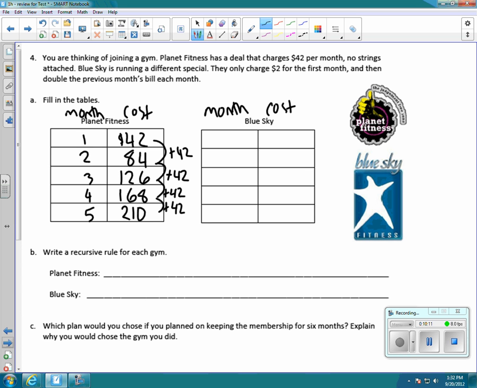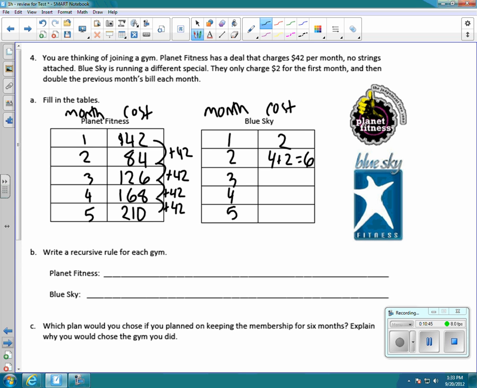Whereas in the Blue Sky, 1, 2, 3, 4, 5, the first month is only $2, but for the second month we are going to need to multiply that by 2, because we are going to double the previous month's bill. So here we've got 2, and then the next month we've got 2 times 2, which is 4, but we still have that original 2, so now we've paid $6.